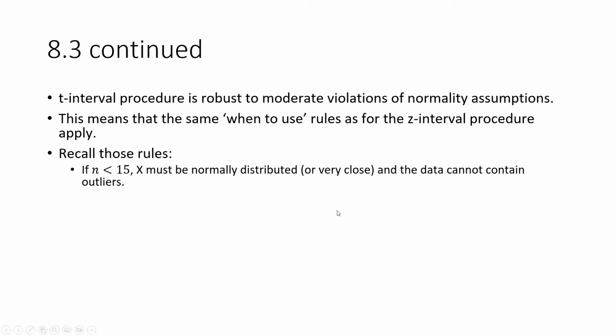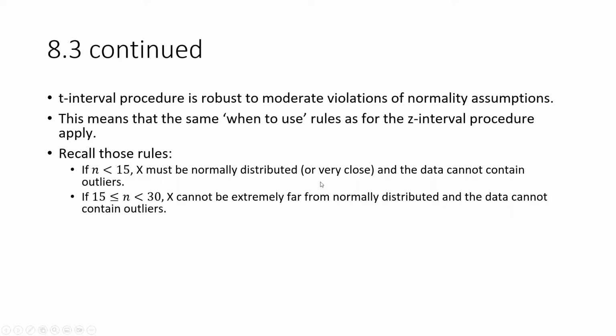These rules primarily are dependent on the sample size and the distribution of the random variable of whatever it is you're looking at. So if you have a really small sample size, smaller than 15, then to apply the interval procedure the variable X must be normally distributed or very close, and the data cannot contain outliers.